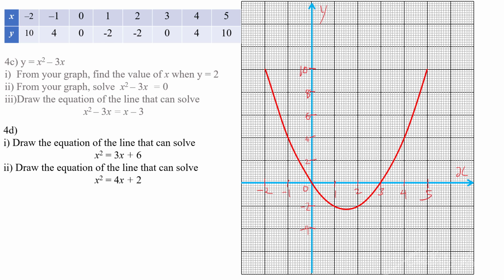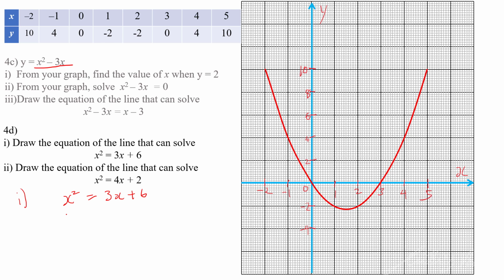So now you can see that the original curve is x squared minus 3x. It is not given to us. Instead, we are left with x squared is equals to 3x plus 6.